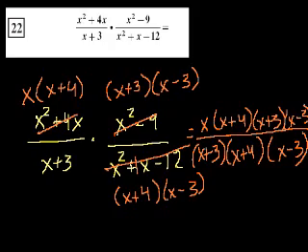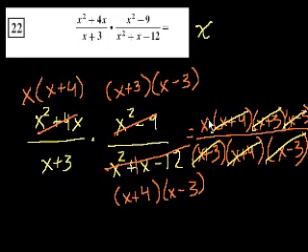And now we can cancel. We have x minus 3, x minus 3, x plus 4, x plus 4, x plus 3, x plus 3, and all we're left with is an x. So all of this fancy expression equals is an x. And that's choice B. Whatever.